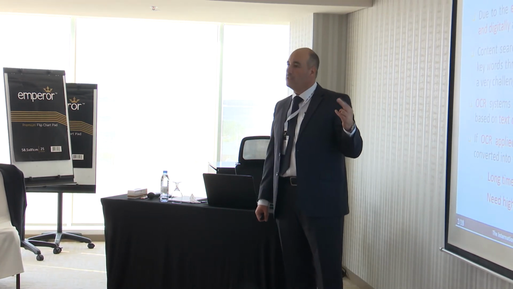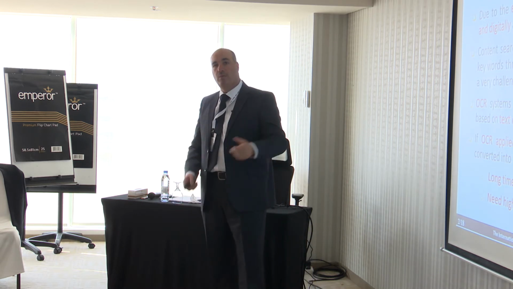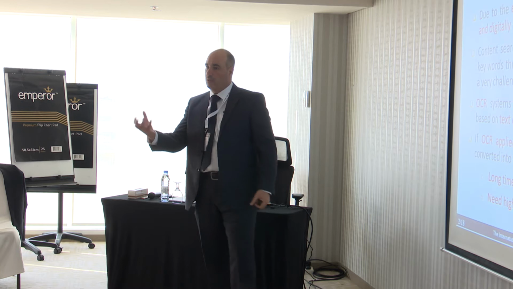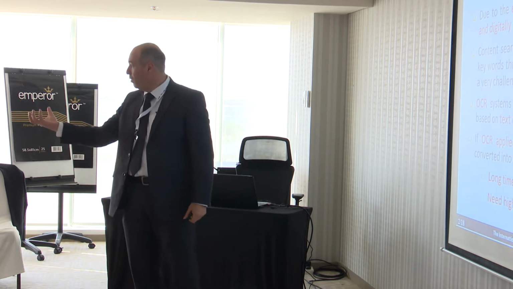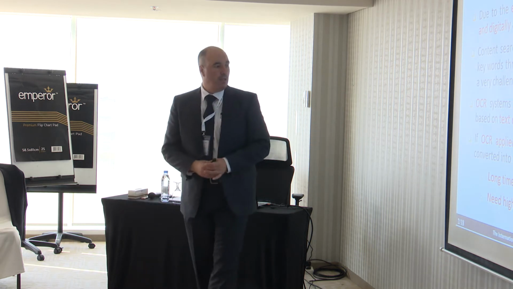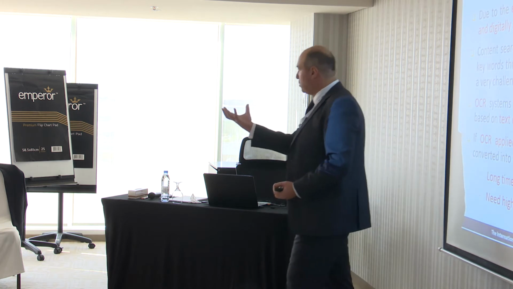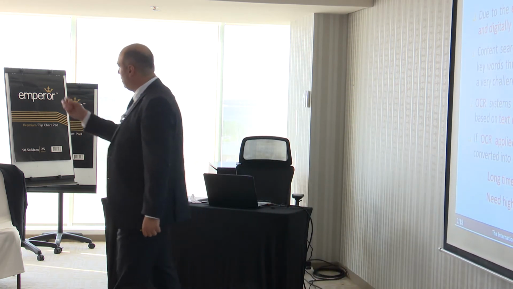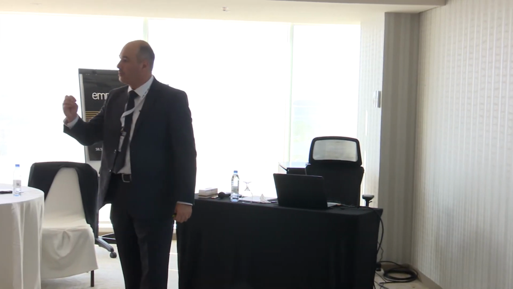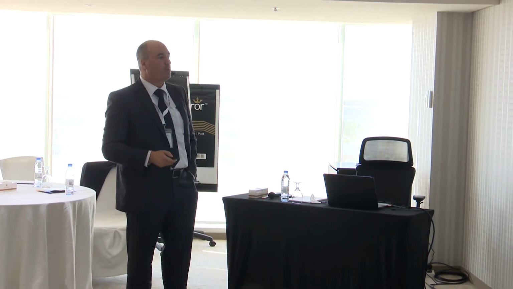But this will result in two main problems. The first one is long time, because time is consumed by converting the image to text. The second one is that we need a high quality scanned image to make it easy to convert the image to text. So there are two main problems if we want to use OCR.